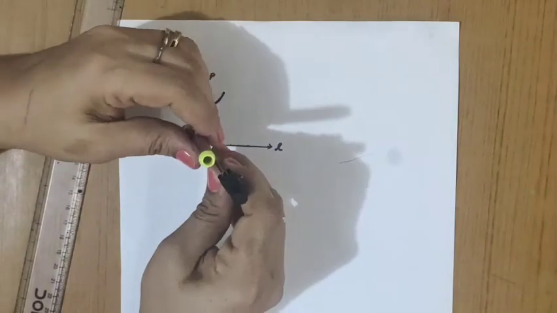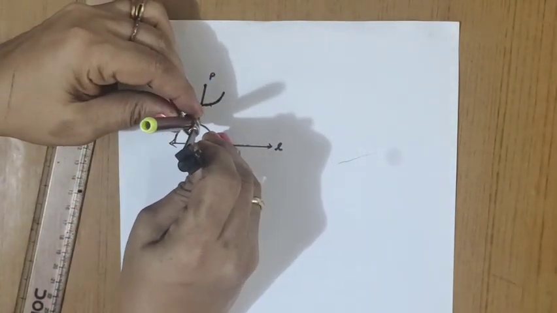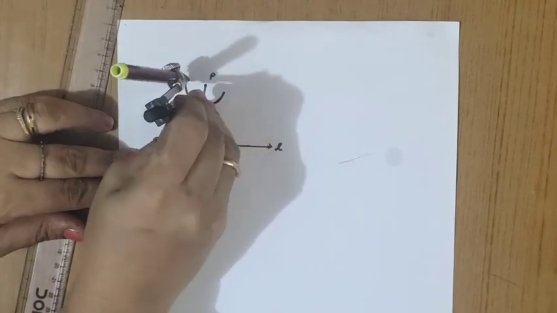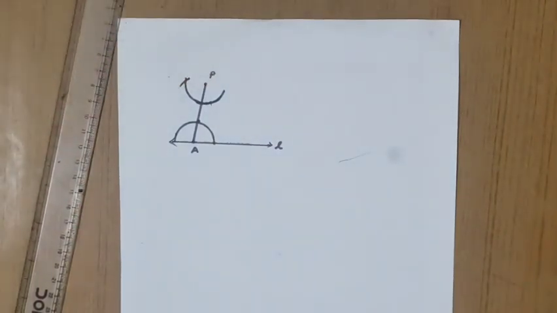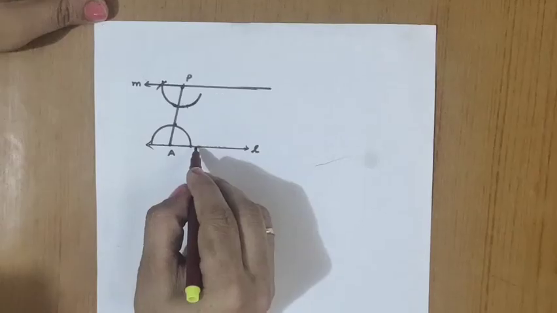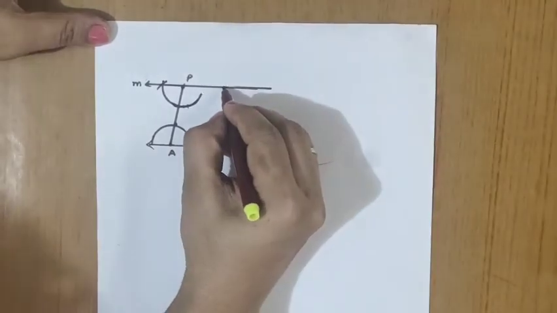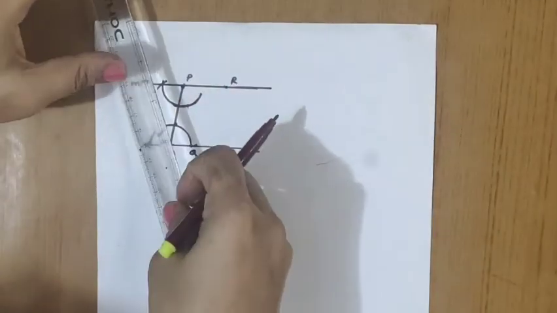Now here the alternate angles measurement I should take. From P I have to cut like this. Now join with this arc and extend the line. I have to take a point Q on L and R on M. Now PQ should be joined.